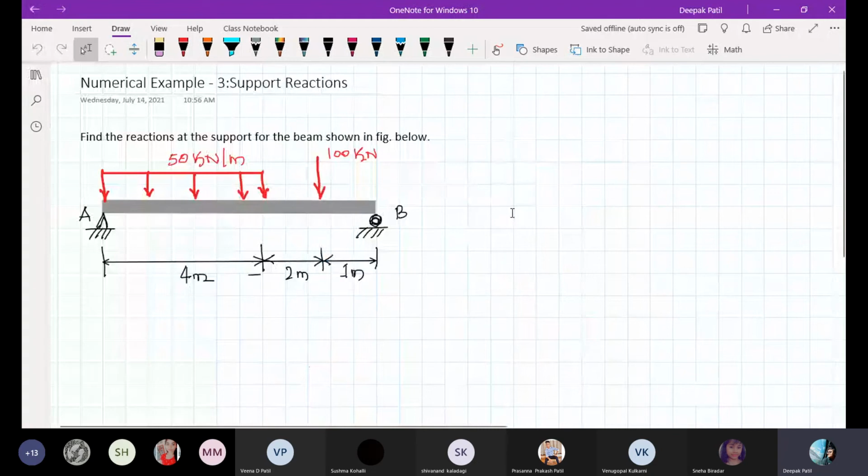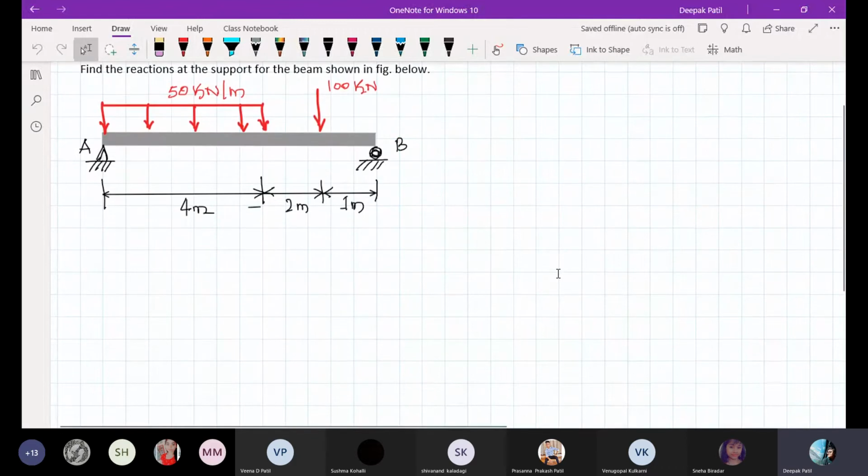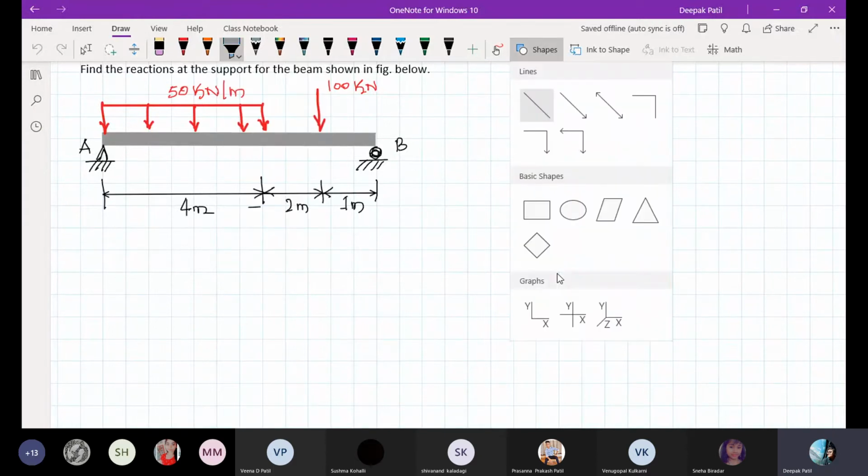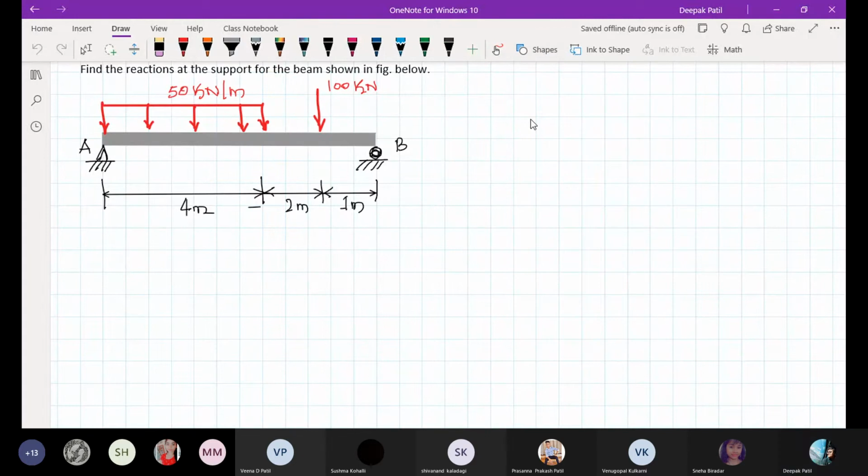Okay, right. Now here also you need to find the reactions at the supports for the beam shown in the figure below. So first and foremost, I will be drawing the equivalent point load diagram. So this is your beam.